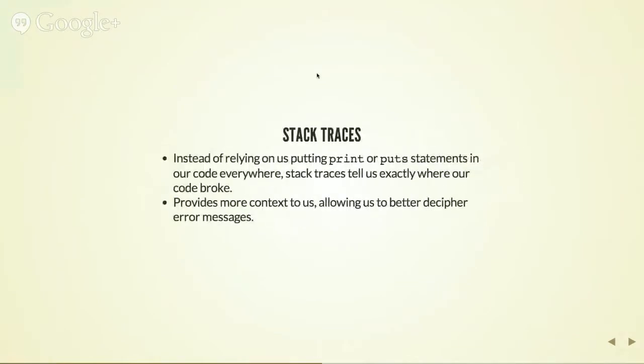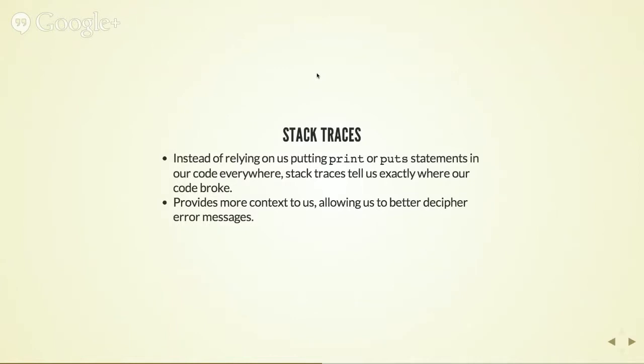So evolving from that, because that's about as primitive as you can get, we have what are called stack traces. So instead of relying on trying to put a unique print or puts statement everywhere in your code and doubling your lines of code and generally being a bad idea, you can use these things called stack traces, which tell you exactly where in the code that things broke.